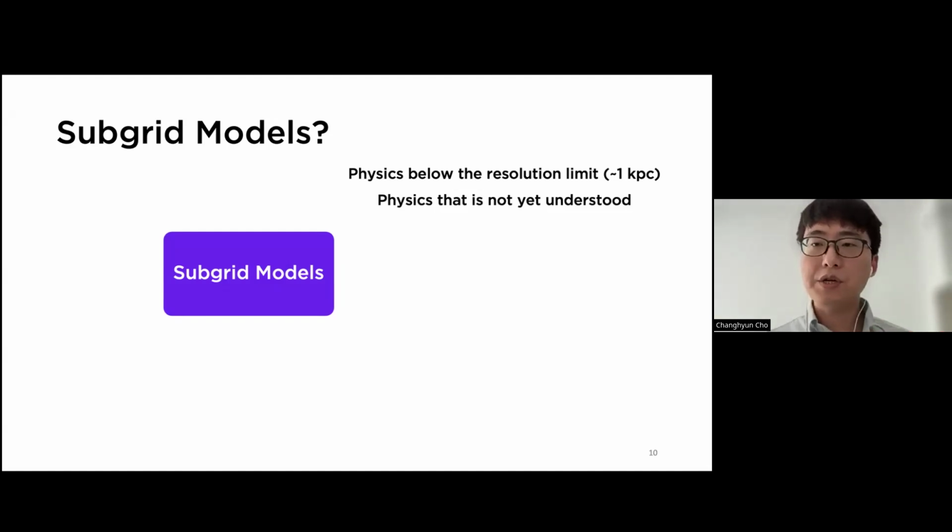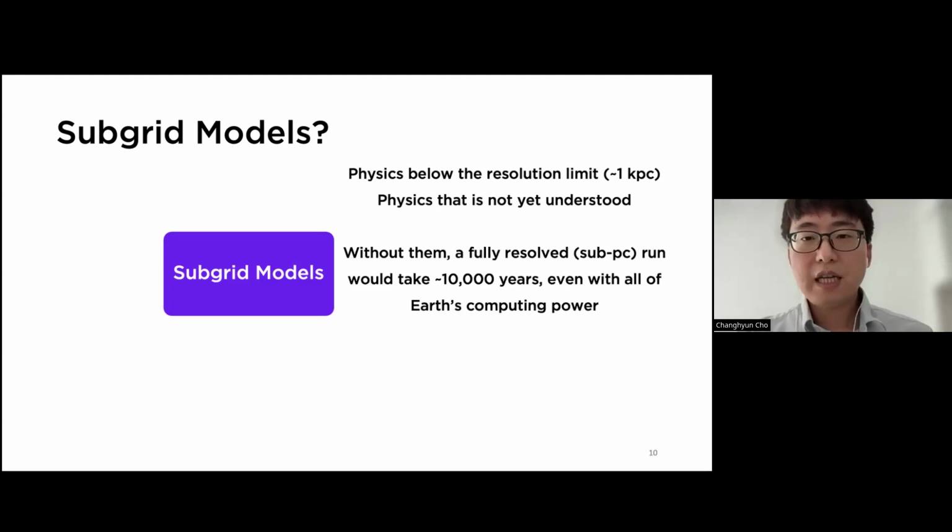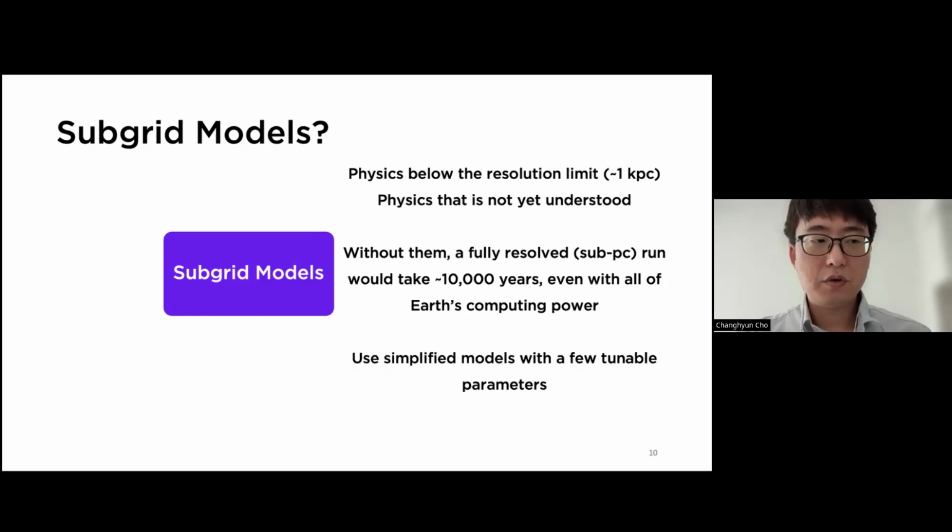But for star formation and black hole physics, something interesting is happening at a much smaller scale, like sub-parsec. We want to describe those phenomena even though we cannot resolve them. Also, some physics are still not well known.